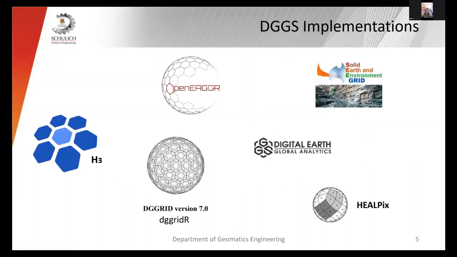Before we dig into the details, I'd like to talk a little bit about the existing DGGS libraries. Here are just a few examples of the current existing DGGS libraries, and most of them are open source. But the one that Perry just presented is not, it's commercial.